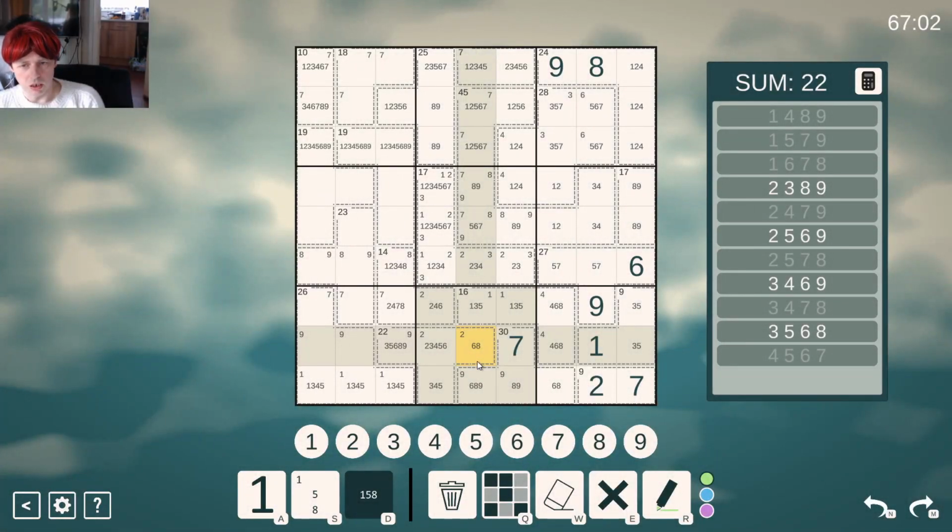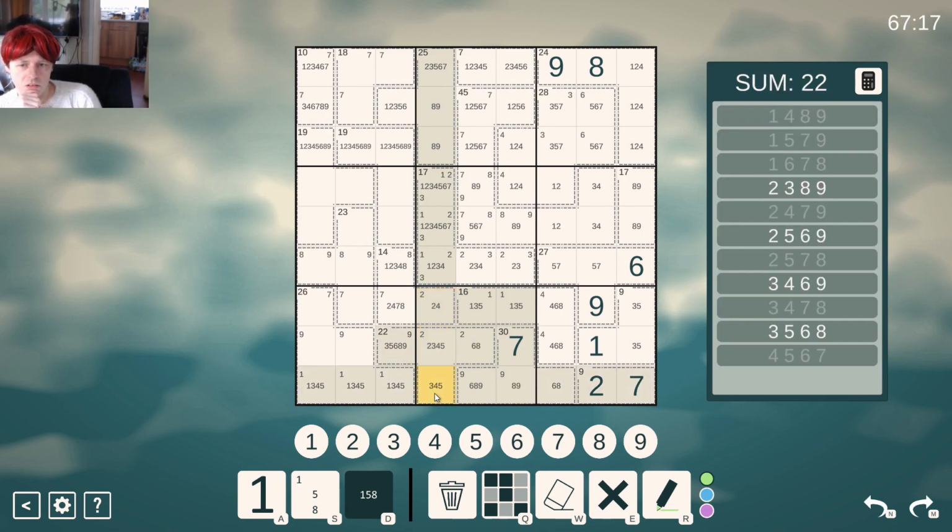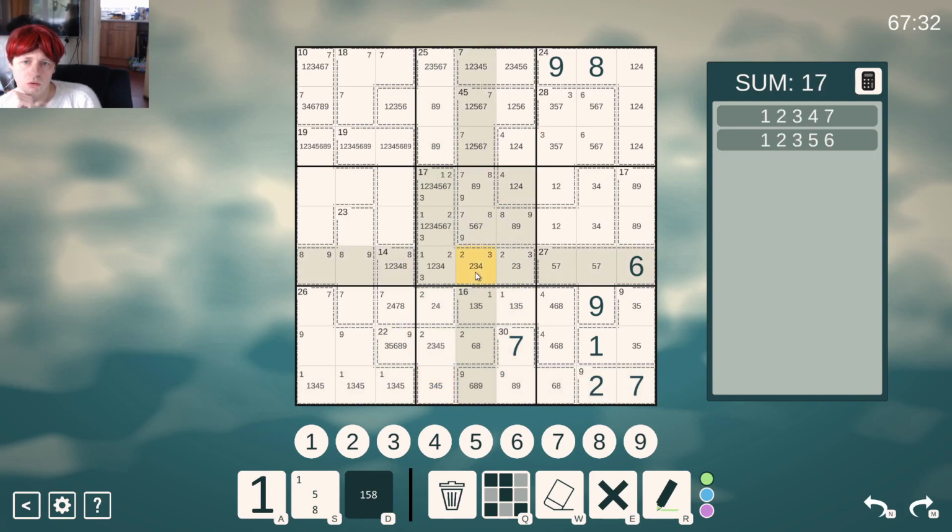It is quite tricky, but now that I've got that, that means 6, 8 and 9 can be ruled out of the left column. So 6 comes out of those 2 cells as a possibility. And also, this is either 4-3 or a combination of 3-2.